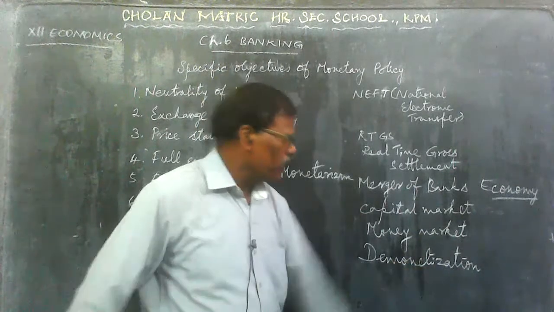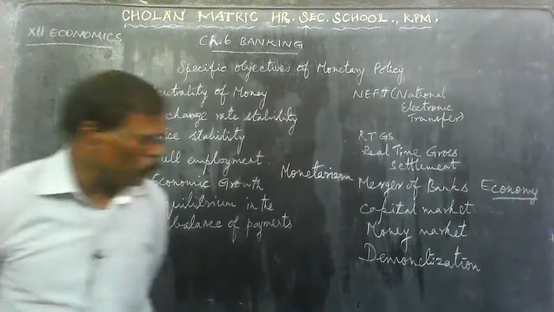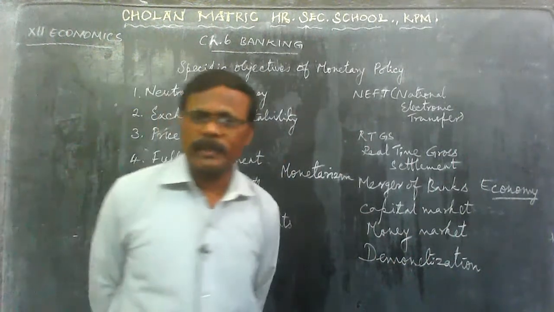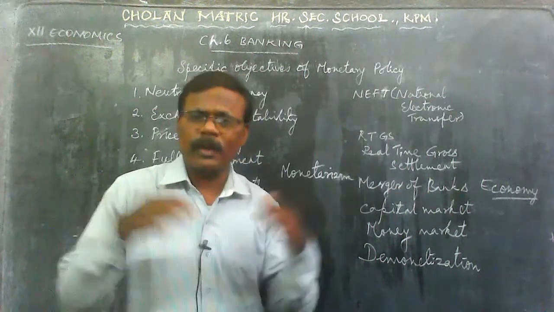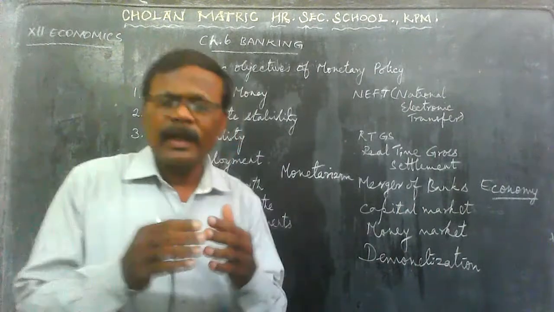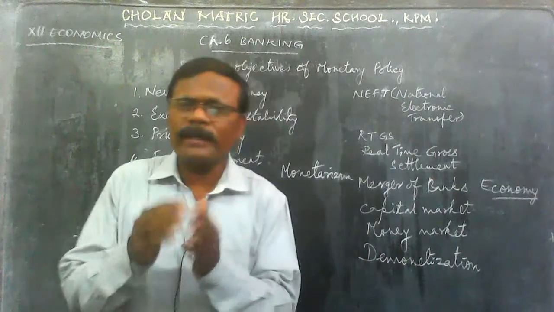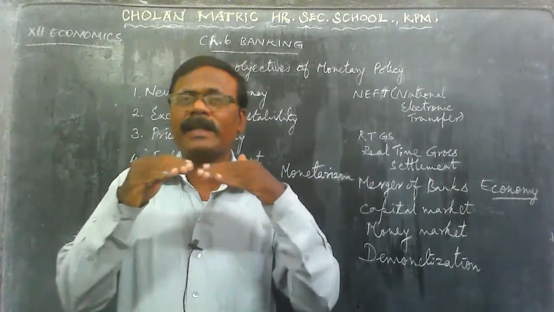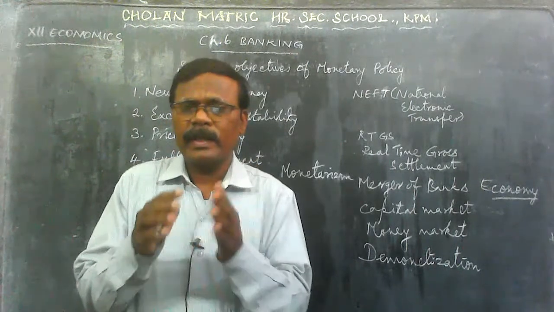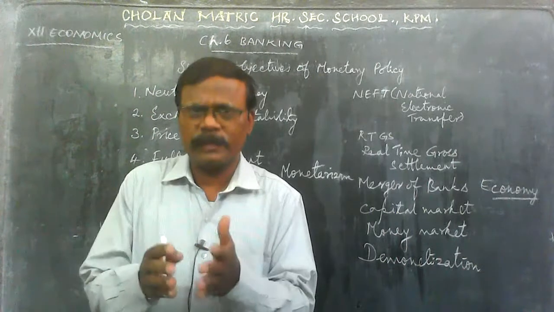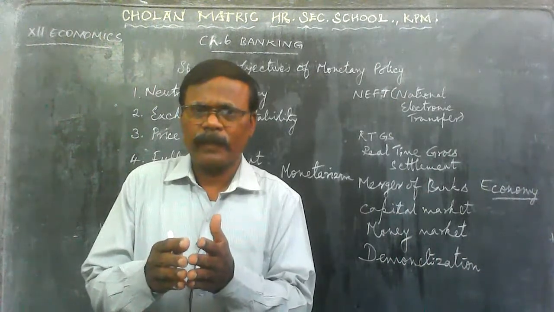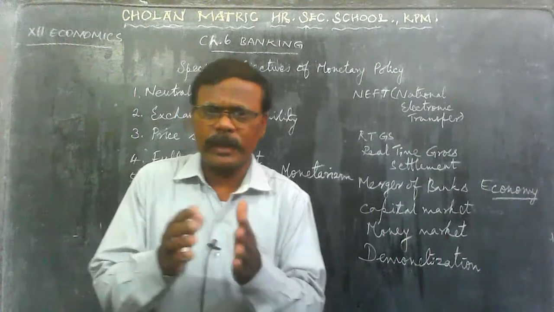Then lastly, we come to know about demonetization. Demonetization is the act of stripping a currency unit of its status as legal tender. It occurs whenever there is a change of national currency. We understood this.